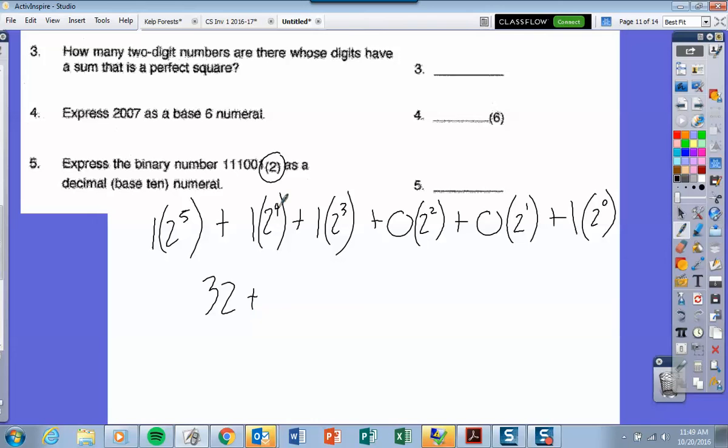Plus 2 to the fourth is 16 times 1 is 16. 2 to the third is 8 times 1 is 8. 2 squared is 4, but times 0 is 0. 2 to the 1 is 2, but times 0 is 0. 2 to the 0 is 1 times 1 is 1. And so we add that up, and we get 57.